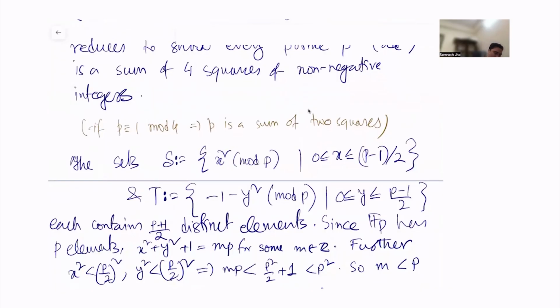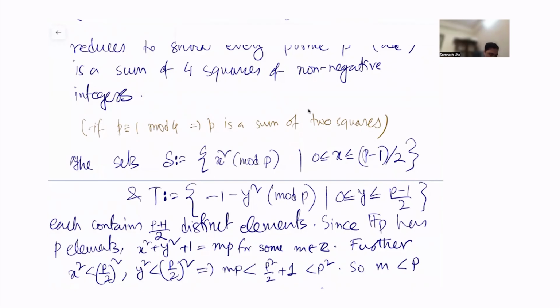Further, x is between 0 and (p minus 1)/2, so x squared is strictly less than (p/2) whole squared, because x is strictly less than p/2, and y squared is also less than (p/2) whole squared. So x squared plus y squared plus 1 is less than 2 times p squared by 4, plus 1.